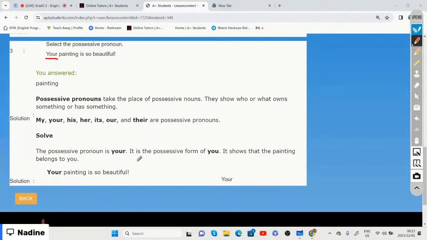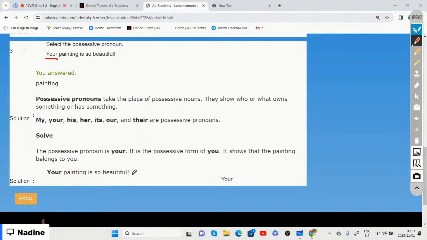All right. So basically, we say that it is a possessive pronoun. The possessive pronoun is your, and it is the possessive form of you.